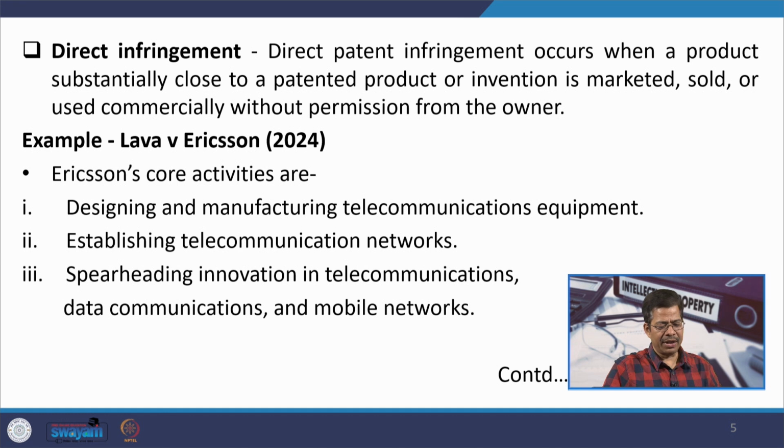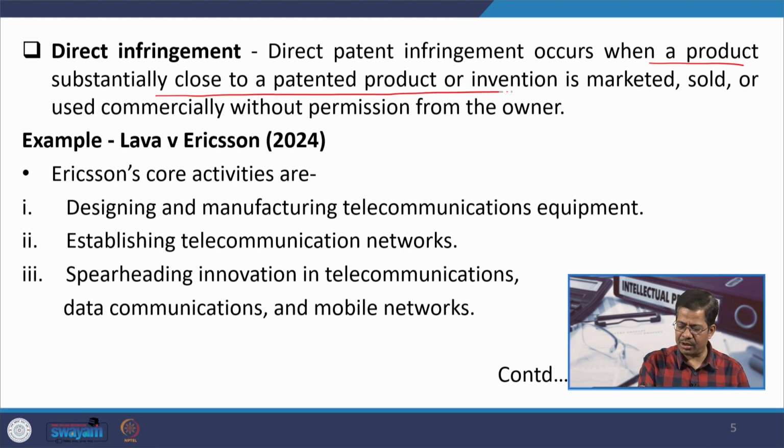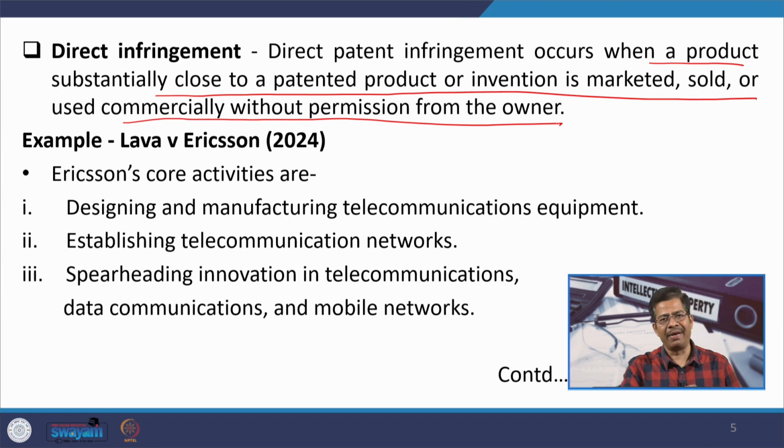So, direct infringement, as the name indicates, occurs when a product substantially close to a patented product or invention is marketed, sold or used commercially without the permission from the owner.